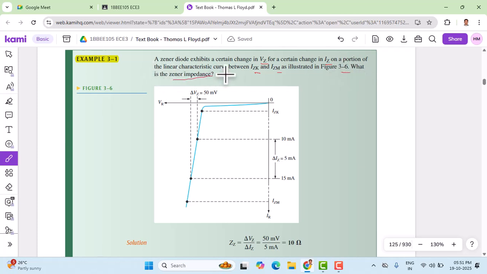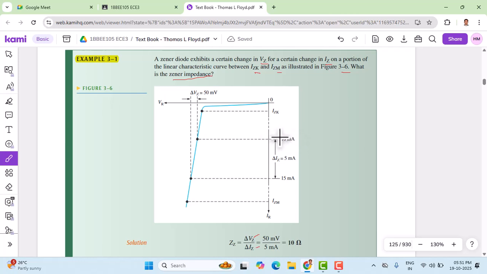What is the Zener impedance? By looking at the data given in the characteristics, we need to calculate the Zener impedance, ZZ. We already know the formula for Zener impedance as delta VZ by delta IZ. We need to estimate the change in the Zener voltage for the change in the Zener current.